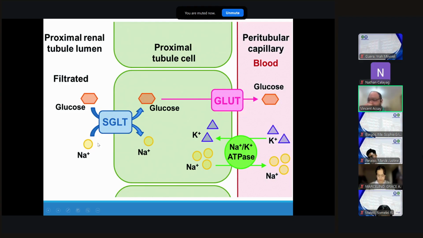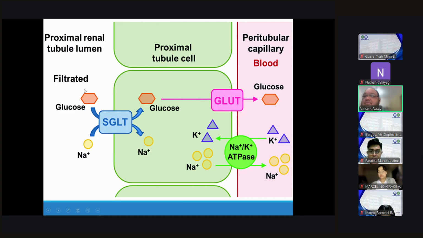So from the urine, the SGLT is the one that transports sodium and glucose inside the cell through facilitated diffusion by secondary active transport, against the concentration gradient of glucose, but through the concentration gradient of sodium. Your GLUT transporter is a uniport transporter that moves glucose from an area of high concentration to low concentration in the blood.